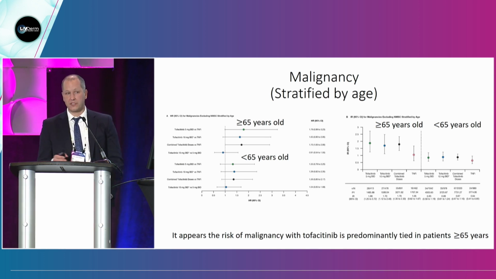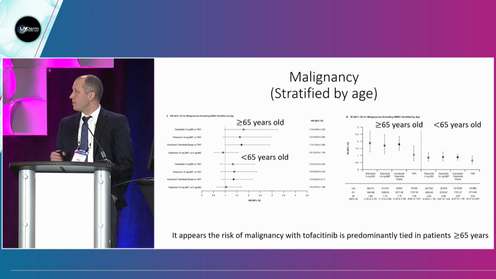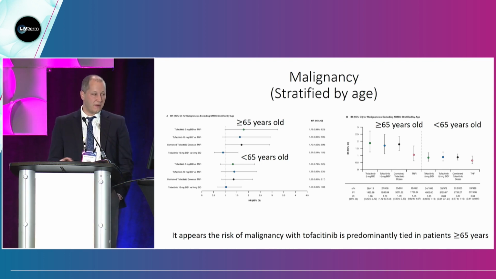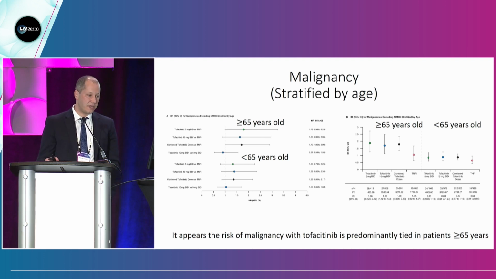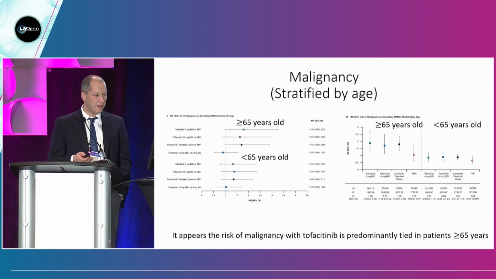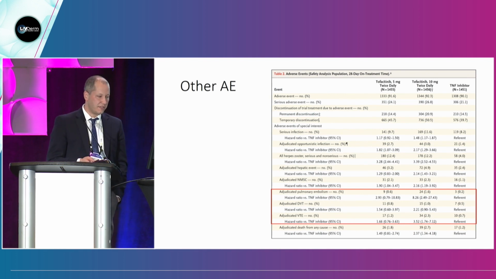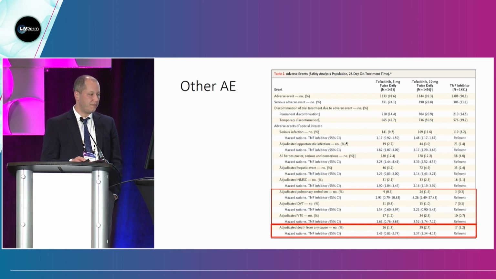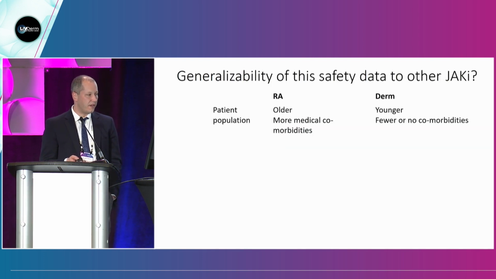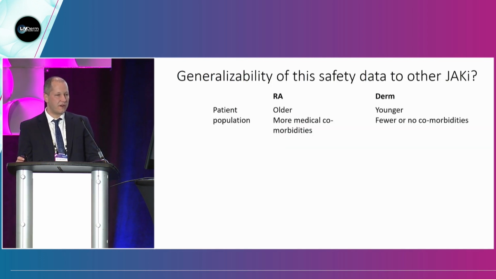And I think that there actually is some mechanistic data that suggests that really JAK inhibition could suppress anti-cancer immune responses. And so I think this probably is a real effect. We can see other side effects that are also on the label, including DVT, PE, and death from any cause. But really the generalizability of these data have been called into question.